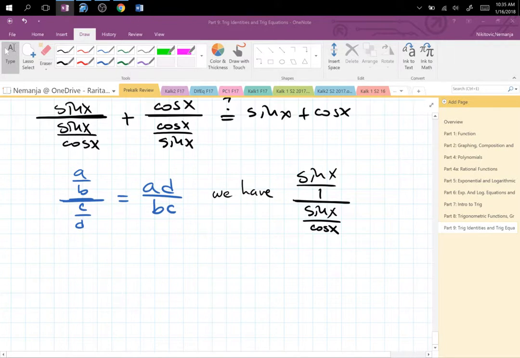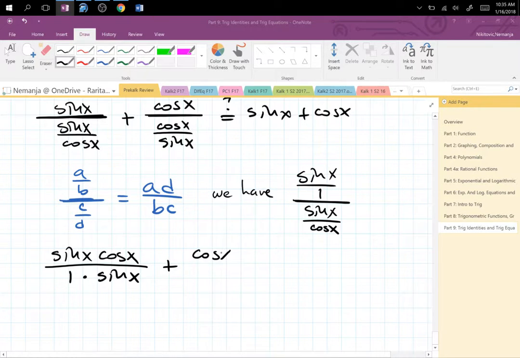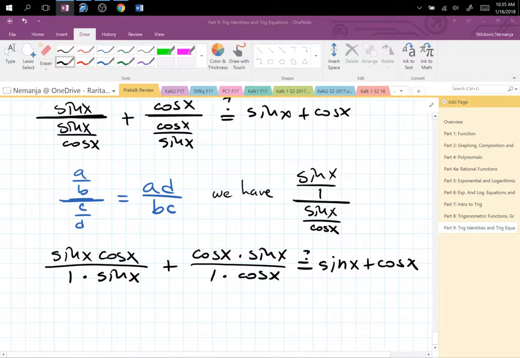So what we get from the first one is the top times all the way on the bottom, so it's sine x times cosine x divided by 1 times sine x, plus, and now for the second one we have cosine x times sine x divided by 1 times cosine x. And that needs to be sine x plus cosine x.